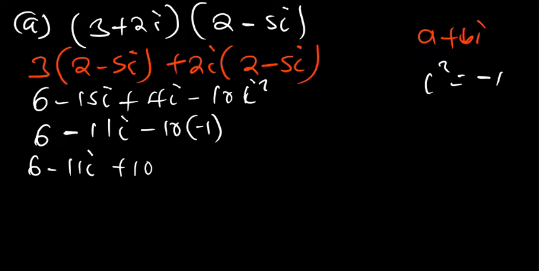So 6 plus 10 is going to give us 16. So we're going to have 16 minus 11i. So as we can see, we have got the answer in form of a plus bi. Our a is 16 and our bi is 11i. As simple as that. Yes, Ruthie.